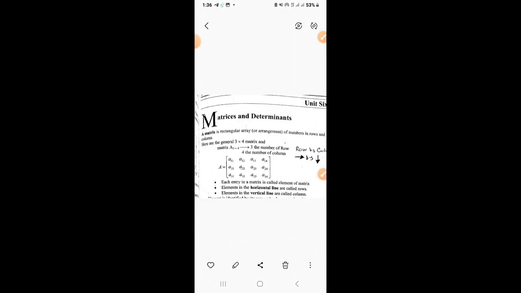Each entry in a matrix is called an element of the matrix, and elements in the horizontal lines are called rows, and elements in the vertical lines are called columns.